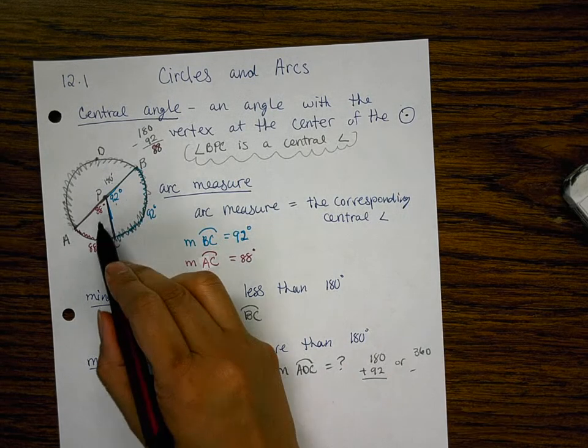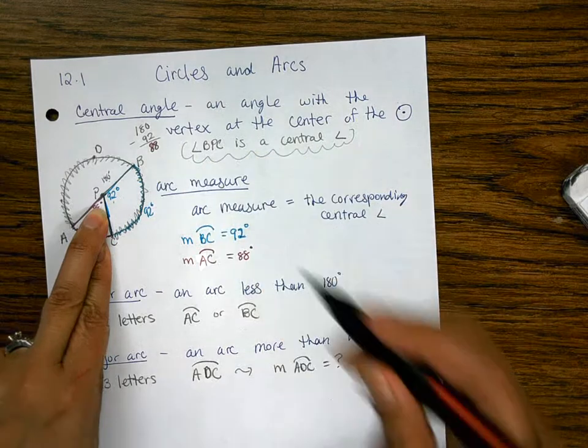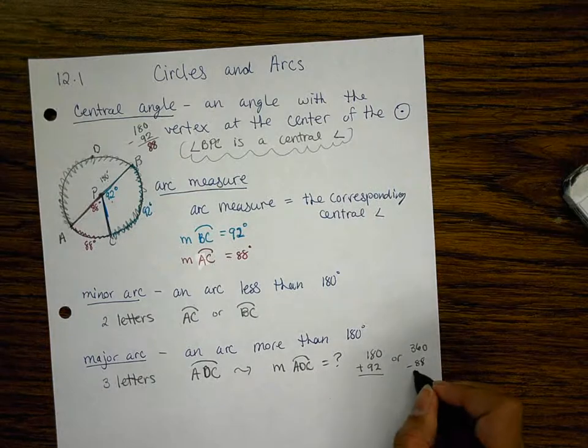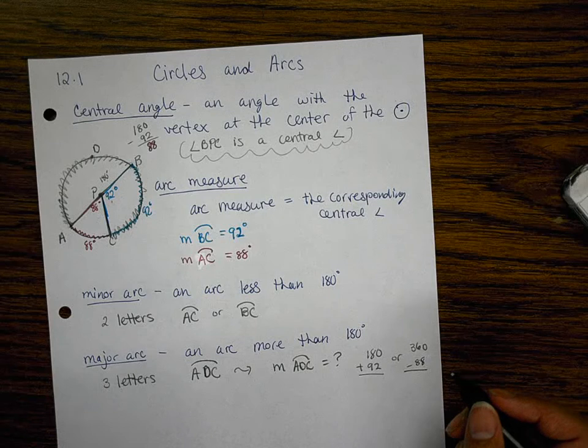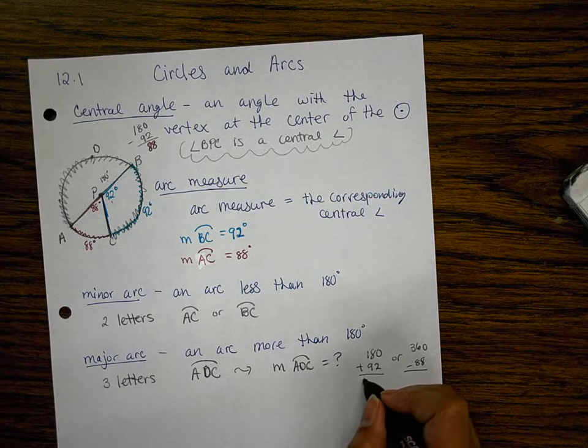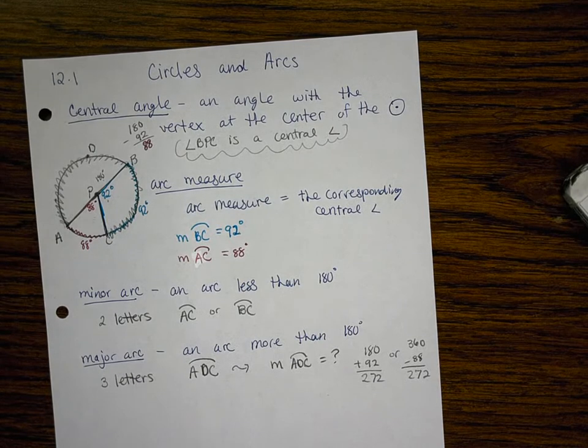Take away 88, the only piece I didn't use, so 360 take away the 88. And either way, you're going to get the same answer. You can test them both. They both end up to be 272. All right, so 2 letters for the minor arc, 3 letters for the major arc.